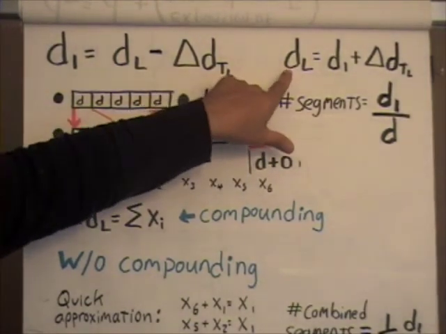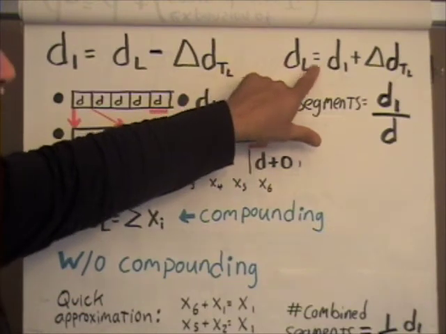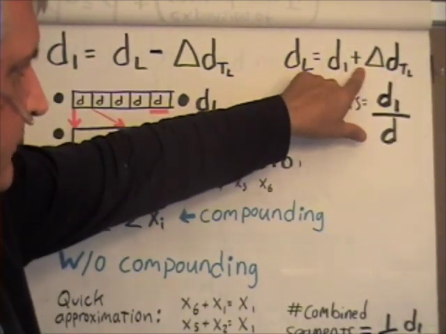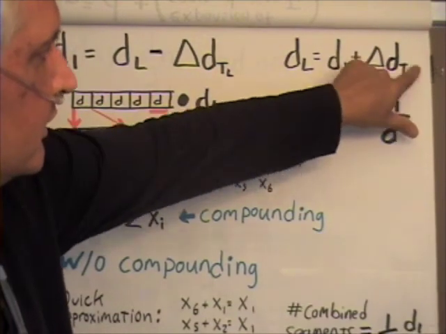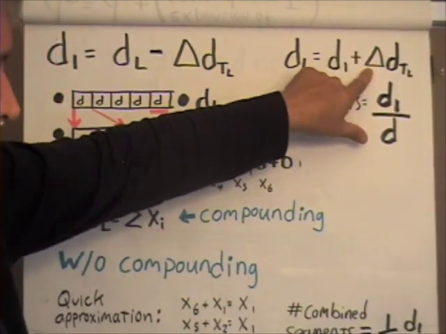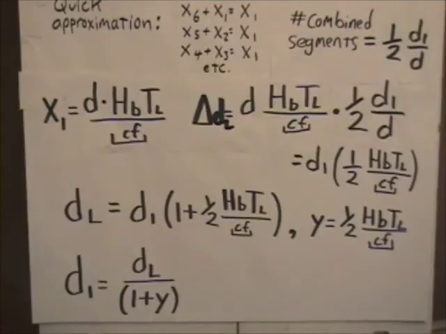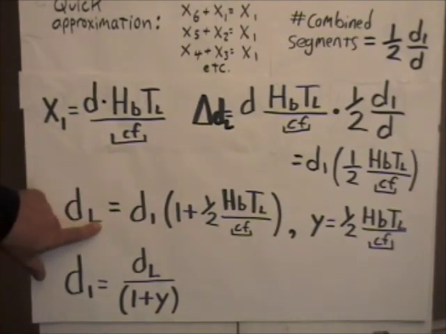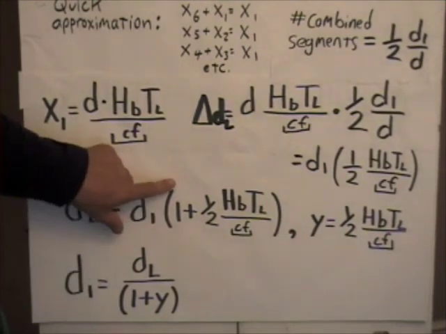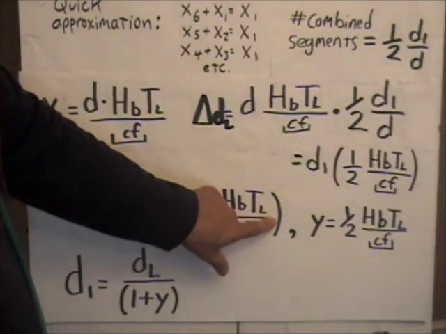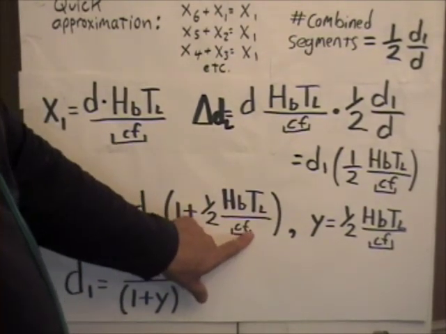Now we recall this formula up here. dl equals d1 plus the change in the distance. And for this, we put in the amount we just calculated. And when we do that, we get this formula that dl equals d1 times 1 plus 1/2 hbtl over the conversion factor.